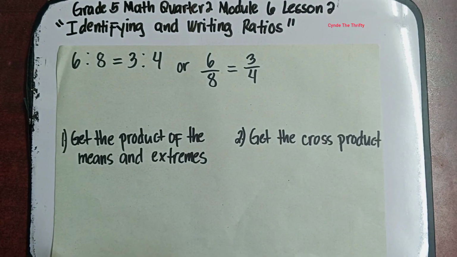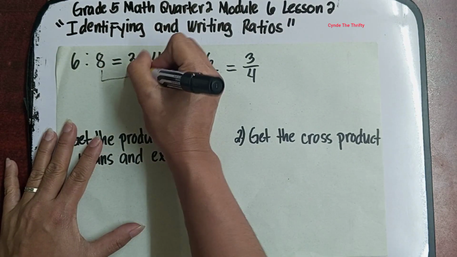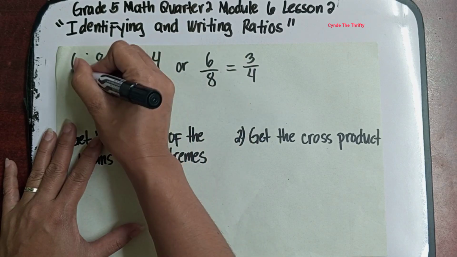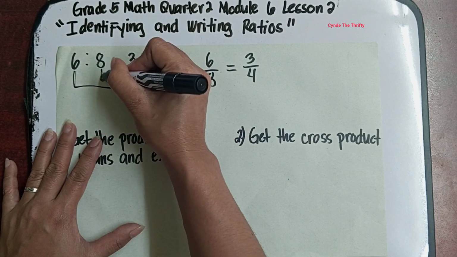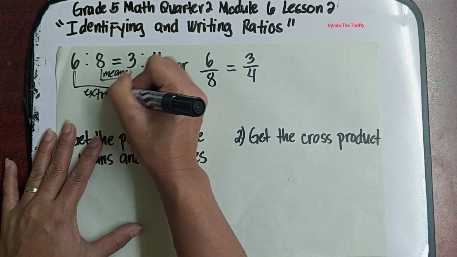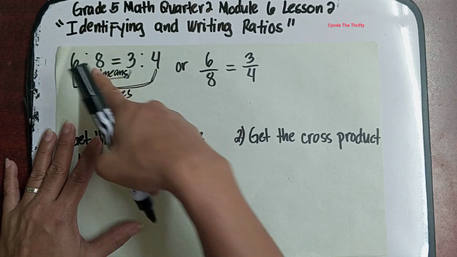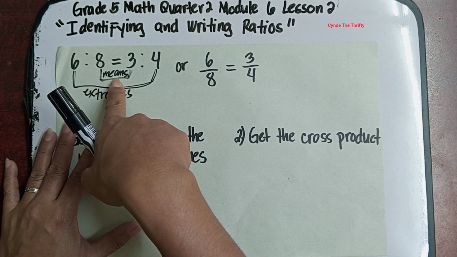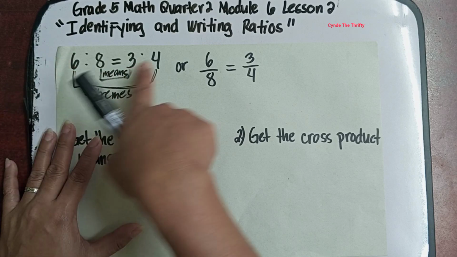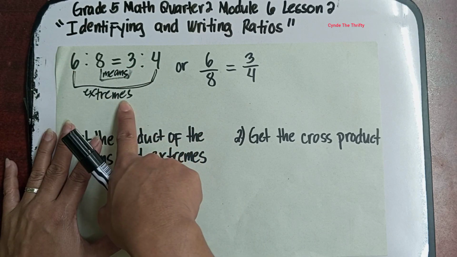So, ang means natin is itong number na nasa loob. Ito yung ating means at ito yung ating extremes. Ang number na nasa loob is tinatawag nating means. Si 8 at si 3 is means. At ang number na nasa gilid, si 6 at si 4 is tinatawag nating extremes.